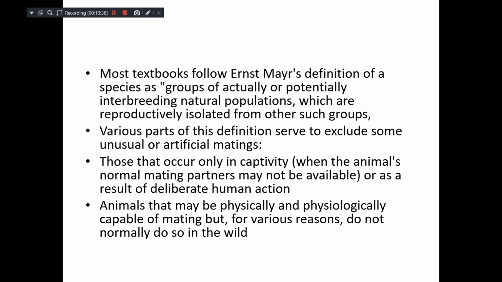Then whether you call both of them the same species or different species. It is also seen that there are a few species which can reproduce in captivity or because of human interference. Then the question is whether we should consider them as species or not.